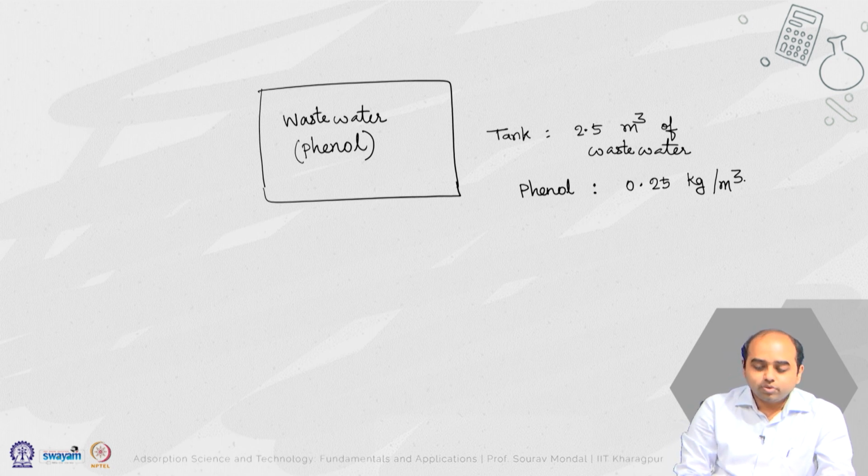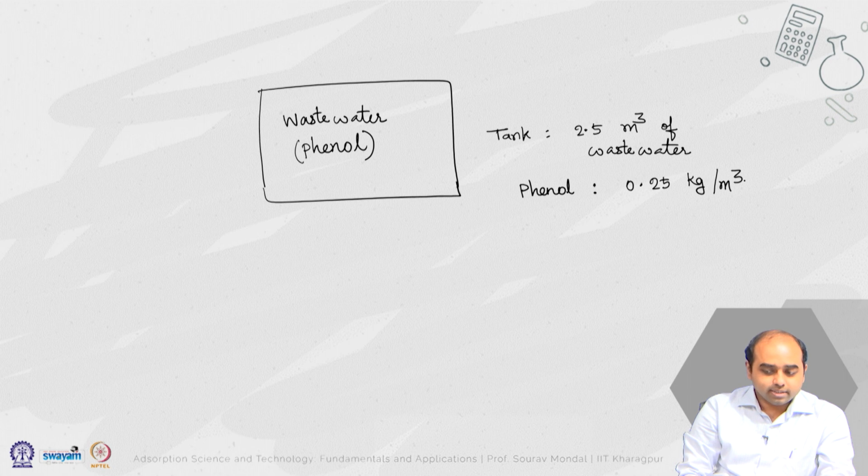Now the idea is that we have to find the amount of adsorbent that is needed to purify or treat this solution, so that the concentration in the treated solution reaches below a particular permissible value.